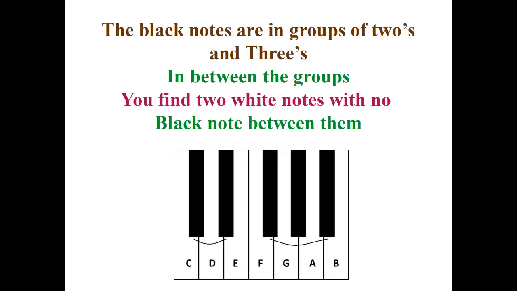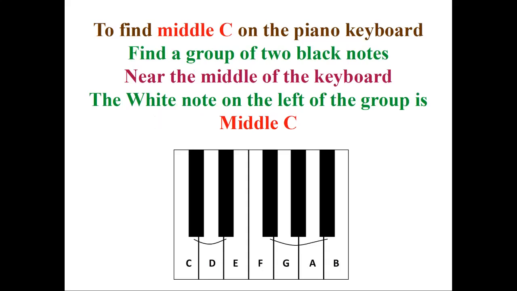So it's 2 black notes and then 2 white notes with no black note in between, 3 black notes and 2 white notes with no black note in between, 2 black notes and then 2 white notes with no black note in between, and so on. So it is this pattern of 2, 3, 2, 3.